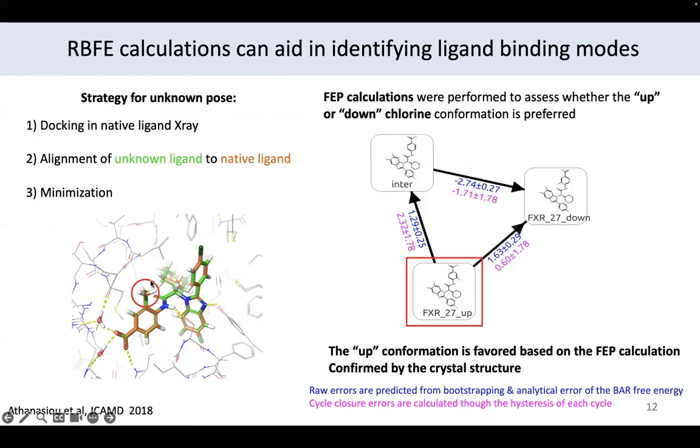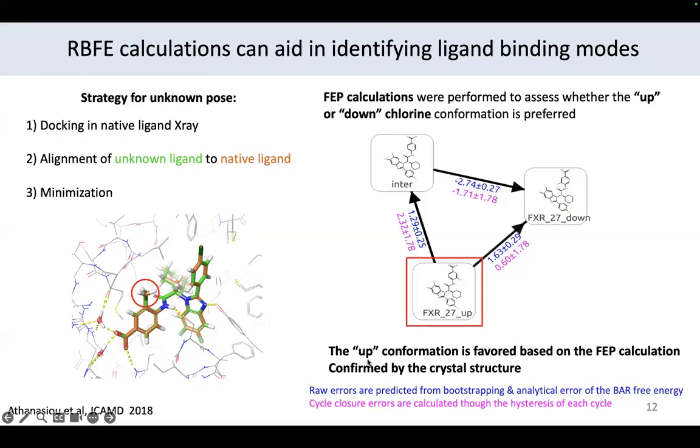Then we minimize, and then we can start the calculations. Here the question was whether we can predict the crystal structure of the unknown ligand, which has the chlorine here. The question was whether the chlorine group would be facing this direction, ortho. This is ortho, but this is also ortho. However, in the crystal structure, which is the most preferred, this or this?